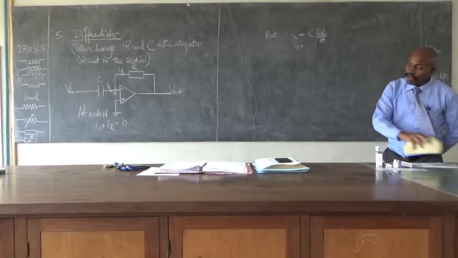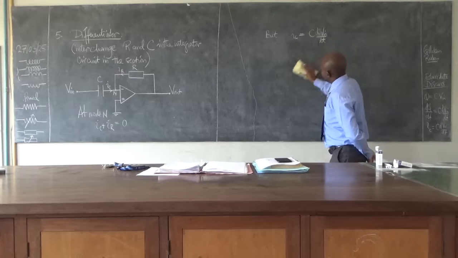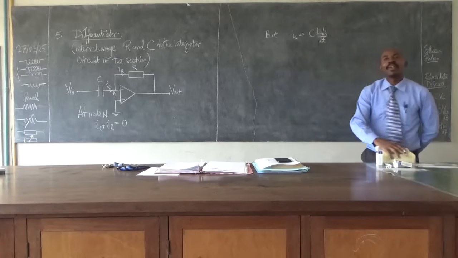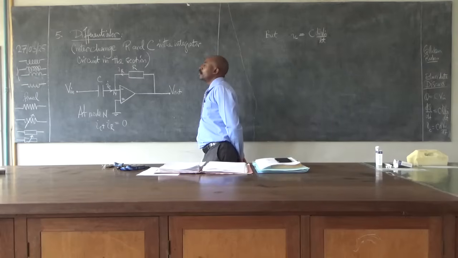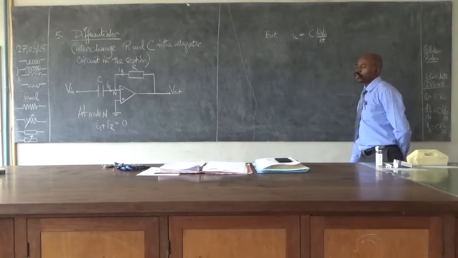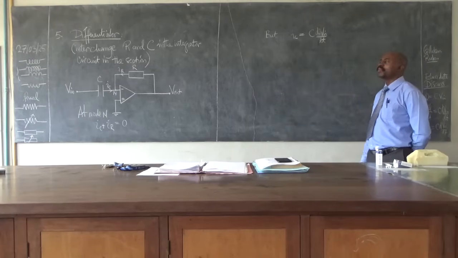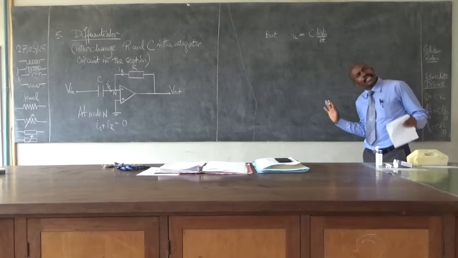And then today we are finishing operational amplifiers. I've never covered this section, I don't know the reason. The time I started this section, you were just there like this.